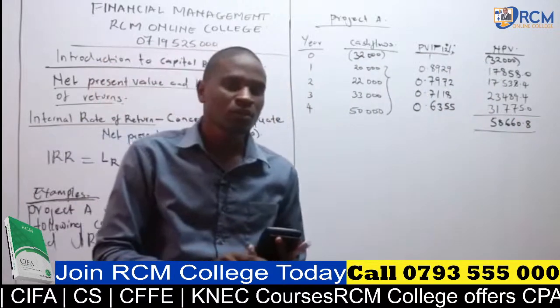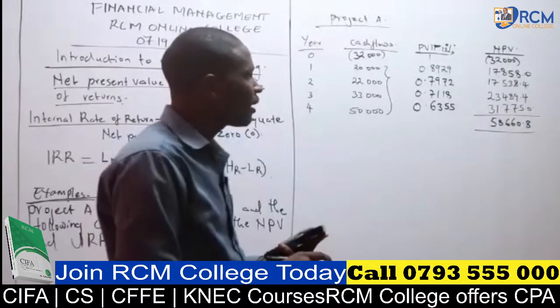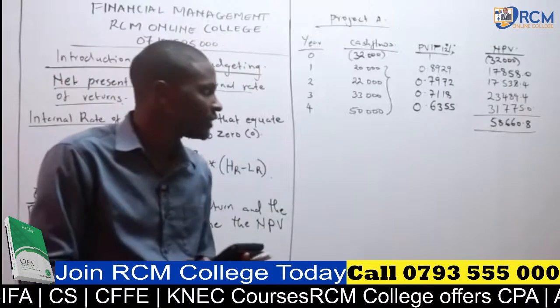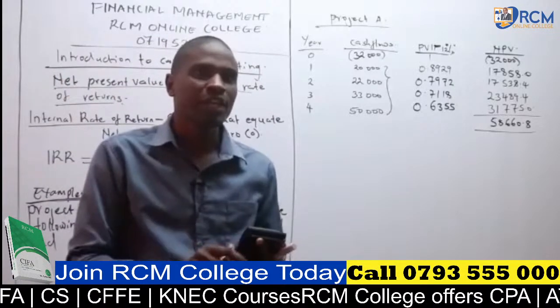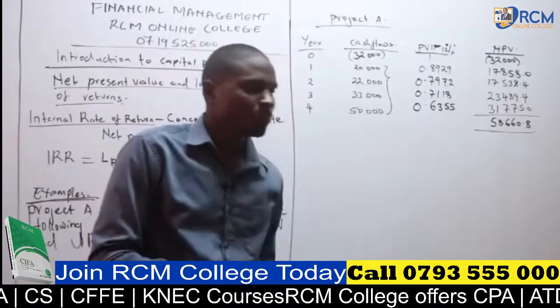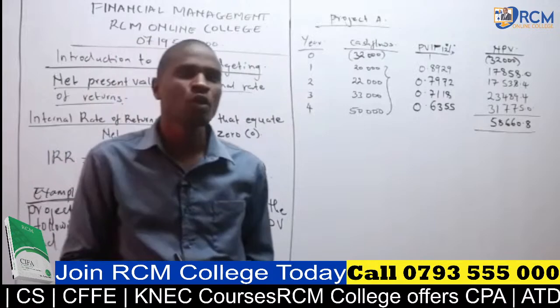Please note this clearly, that our NPV for this project is 58,660.8. That is our net present value. Up to that point, is our project A viable or not viable?